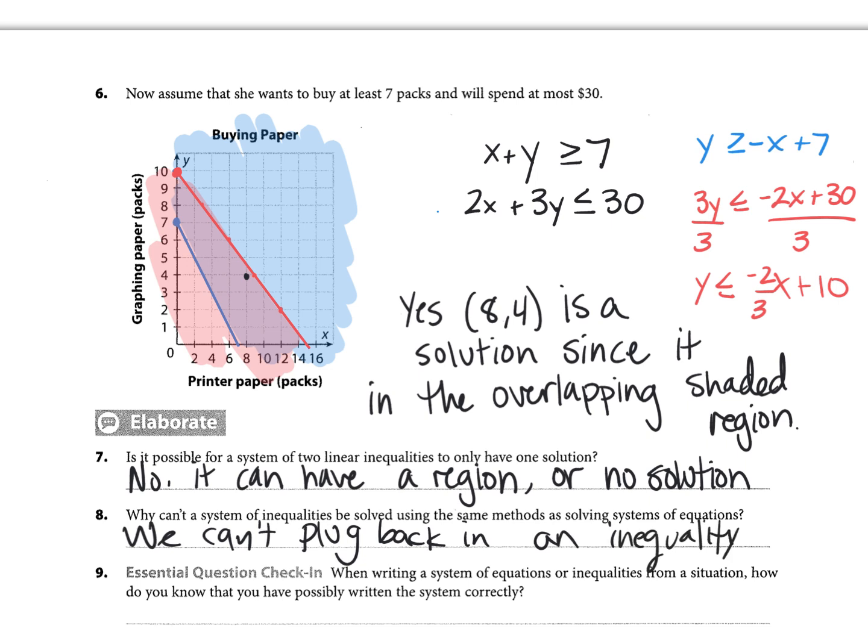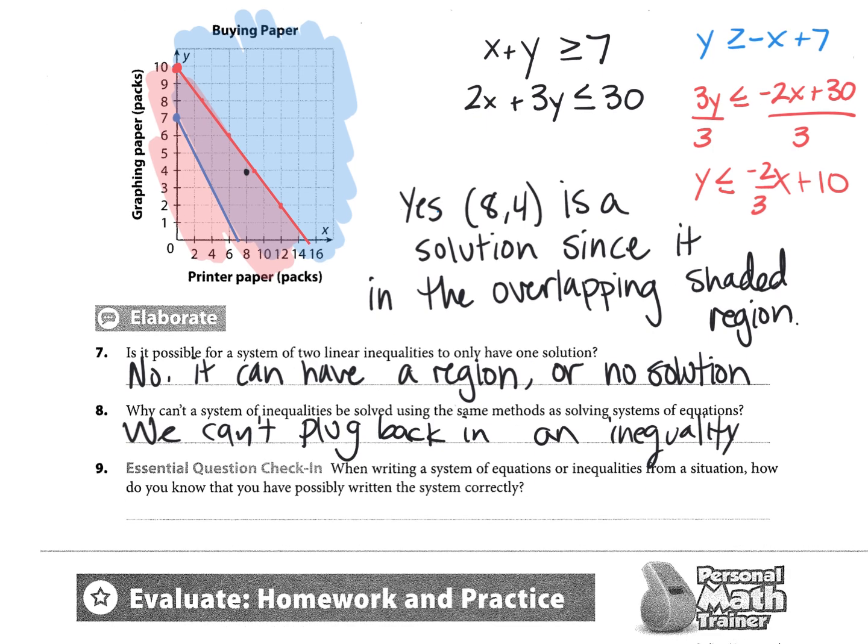Like if we were to solve it in an equation situation, it might say x equals 5. Well, we can plug back in x equals 5 and solve it for the other variable. But with an inequality, it might say x is greater than 5. We can't plug in all of those values to solve for what all of the other possible variable could be.